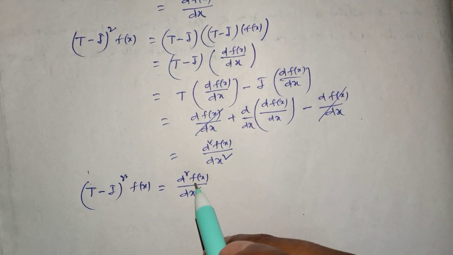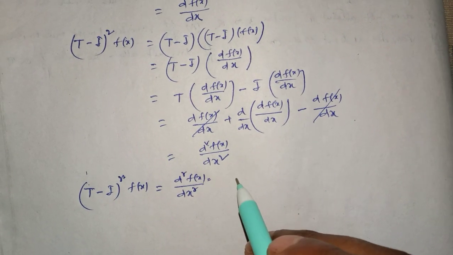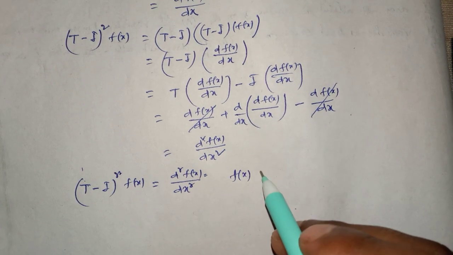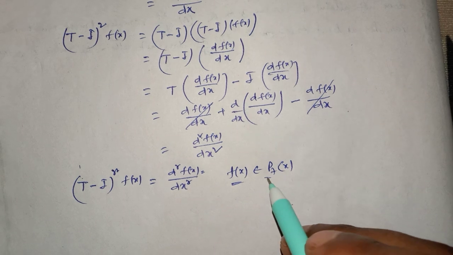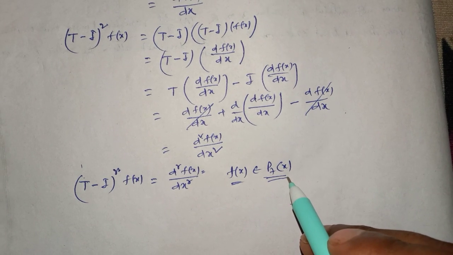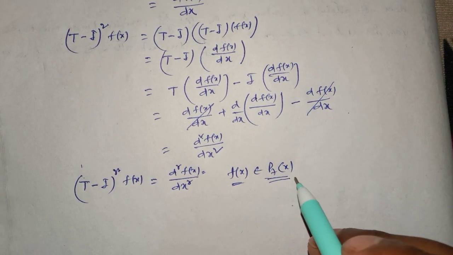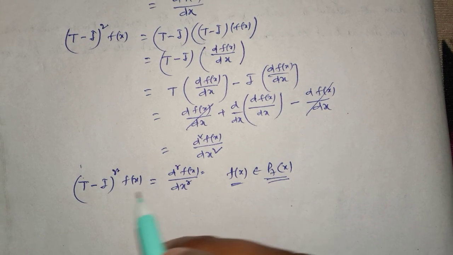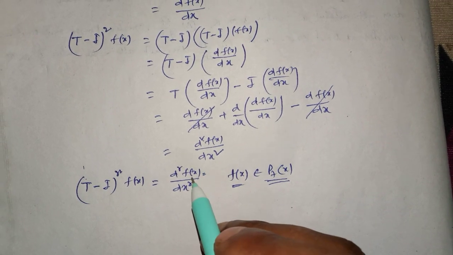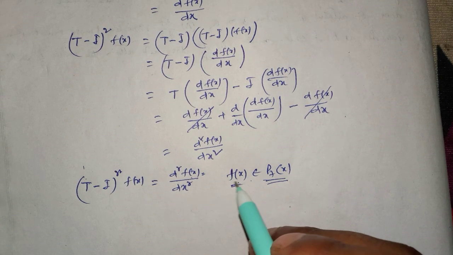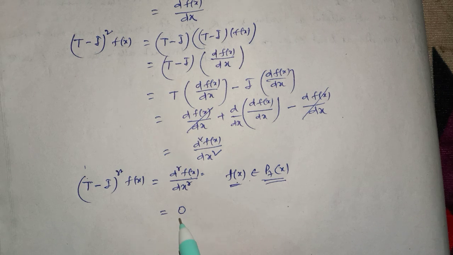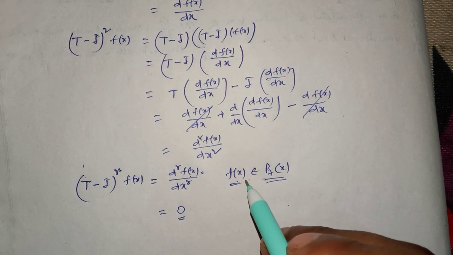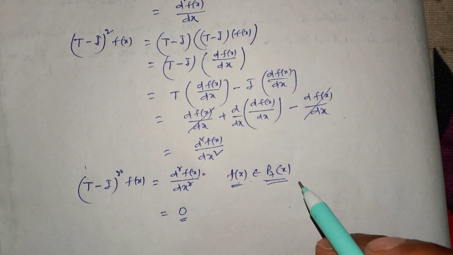Since here f is a polynomial, f(x) belongs to P7(x), a polynomial of degree at most 7. So if we differentiate the polynomial f(x) enough times we get 0, because the degree of f(x) is finite.